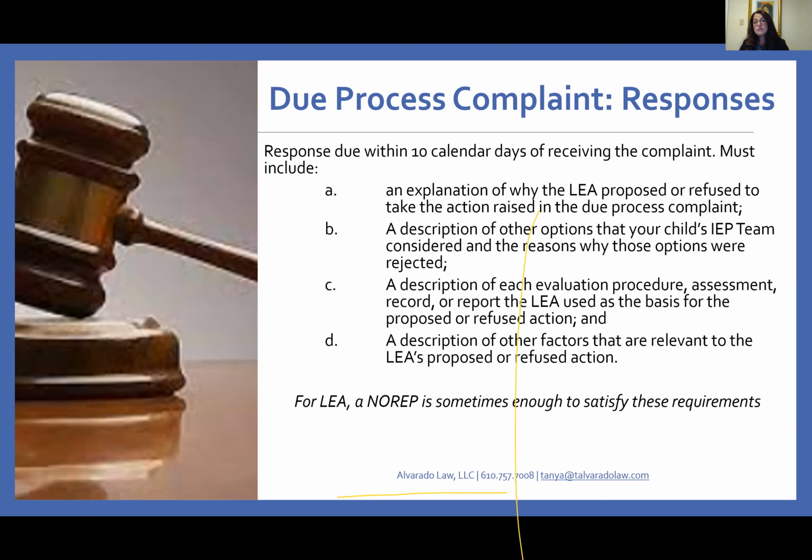So if the district has given you a NOREP about the thing that you're complaining about, that tends to be sufficient to serve as a response from the school district. I typically get a response anyway from attorneys after we file the due process complaint. Within 10 days, I expect to receive a response, with the attorney identifying their disagreement, why they disagree, and some of the factors of why they're disagreeing with it.